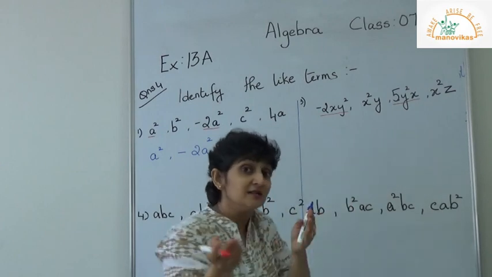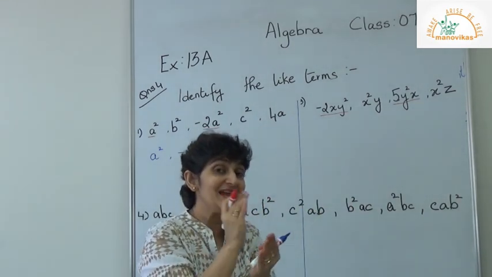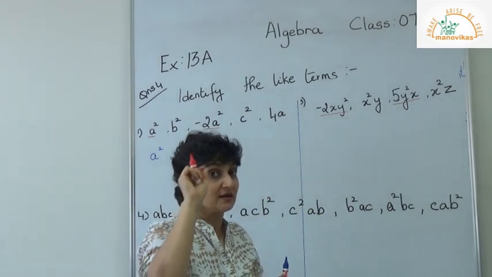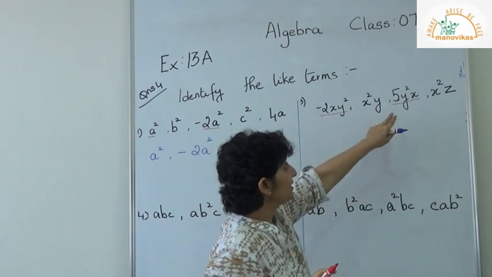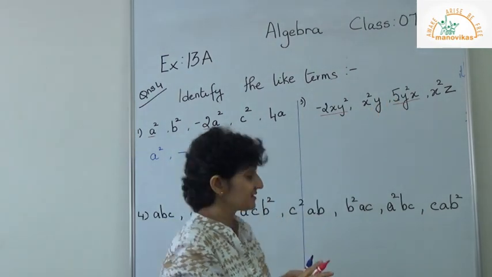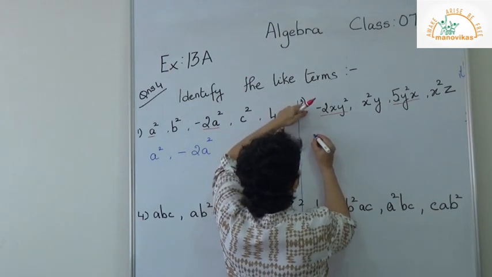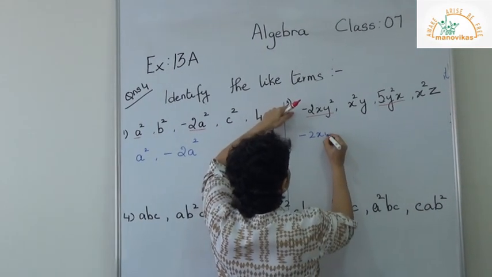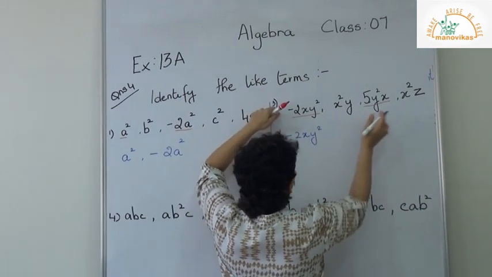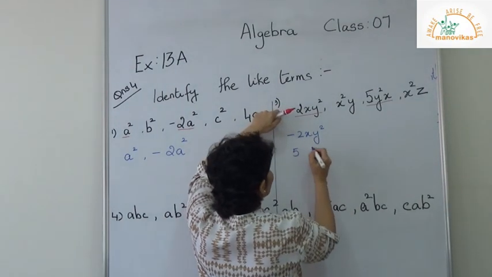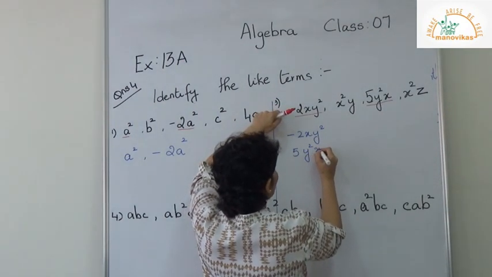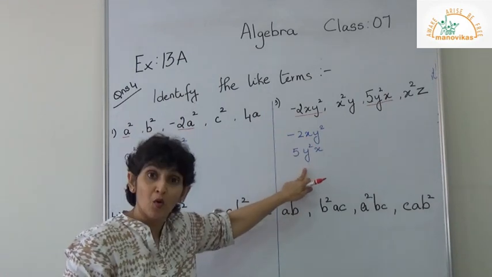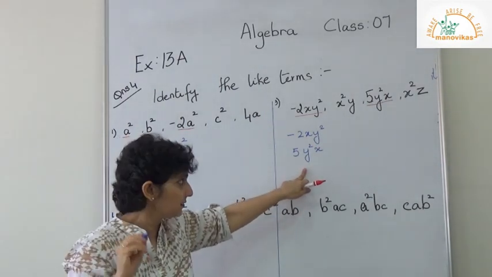Here. The letters may be interchanged, but make sure they have the same exponents. Like here, I have minus 2xy squared, and again this is 5y squared x. These both are like terms.